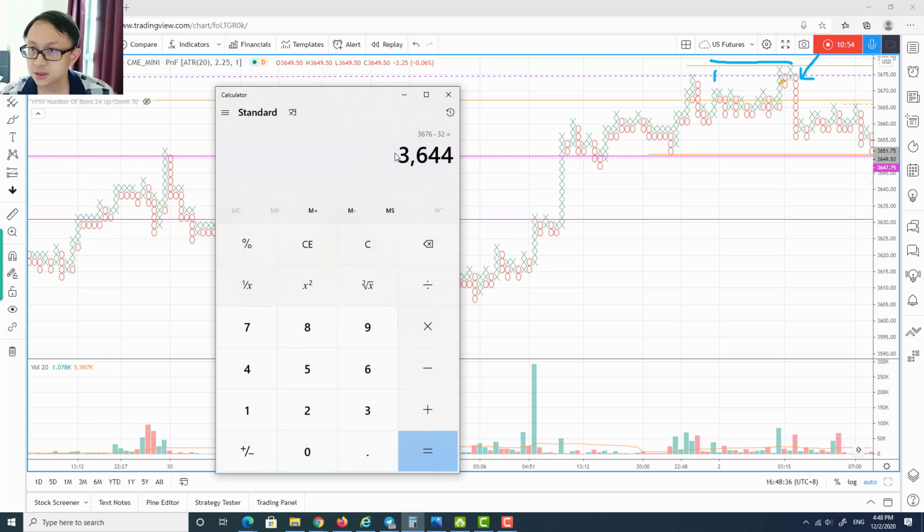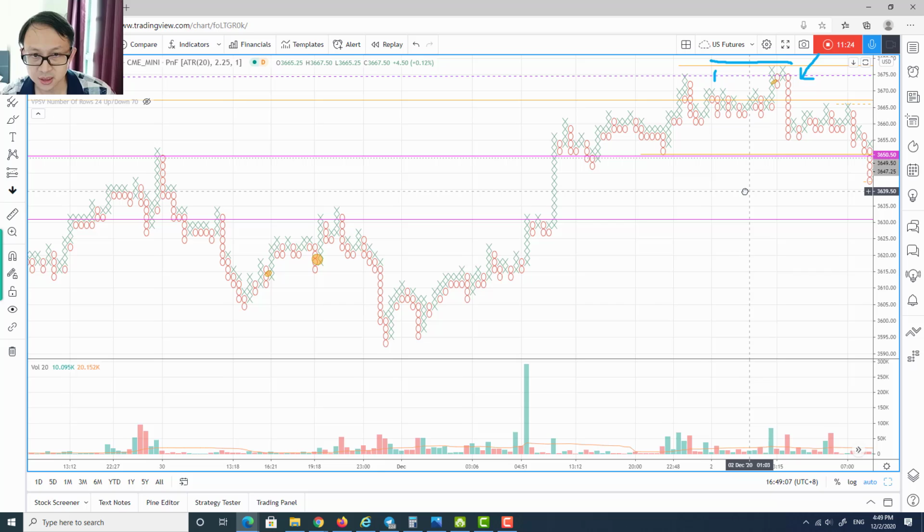So if we just take 15 times 2.25, that will be 33.75, and for the calculation point, I will just take somewhere around 3676 or 77. So 3677 minus 33.75. You can see that that will be roughly around 3640, 43.